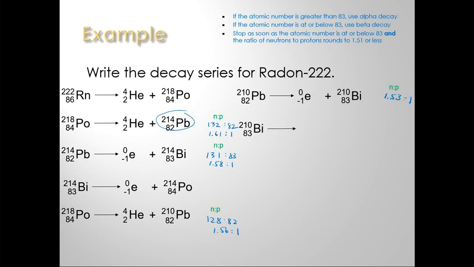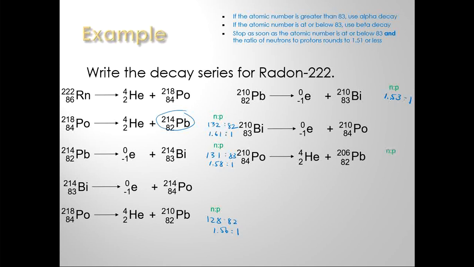Bismuth-210 will go through beta decay. We're back to polonium-210. We don't need to figure out our ratio because, again, the atomic number is greater than 83. So polonium-210 will go through alpha decay. And we have lead-206.